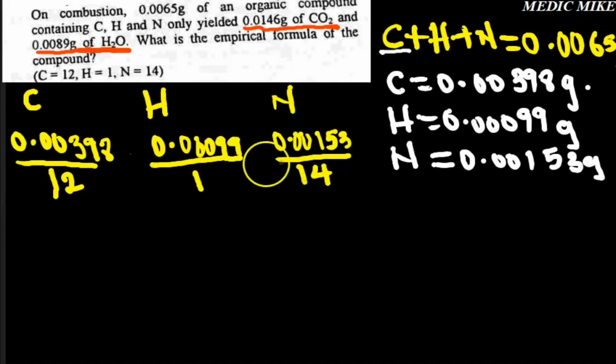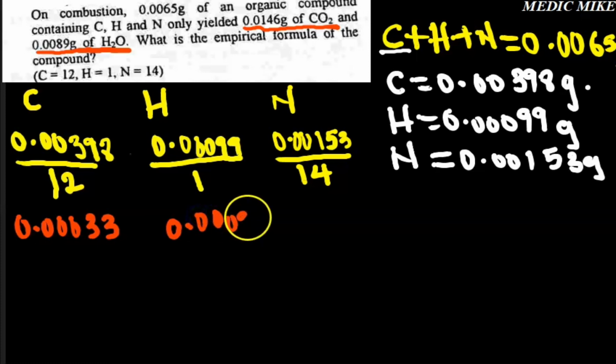So we divided them through by their molar mass, and the mole of carbon will be 0.00033. Mole of hydrogen remains the same because it is dividing by 1, so here it becomes 0.00099. So mole of nitrogen becomes 0.00011.